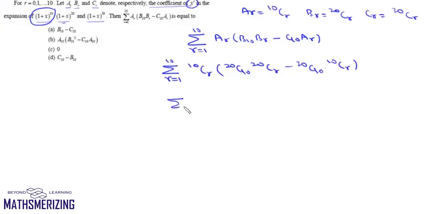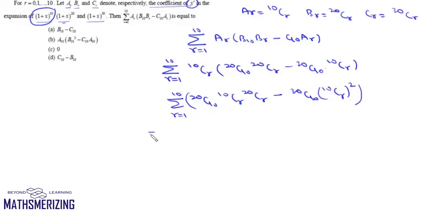So we can write it as summation R varies from 1 to 10 and it is 20 C10, and this is 10 CR into 20 CR minus 30 C10 into 10 CR whole square.